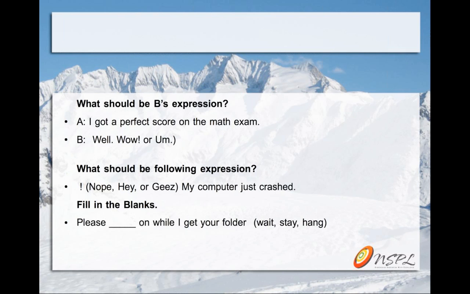It is a shortened form of Jesus Christ. Like in our language, when we remember someone in that kind of way, "oh geez." But it can be used in both cases, in joy and in sadness as well, right? So this is where we use "geez."